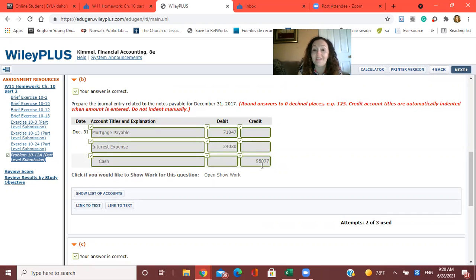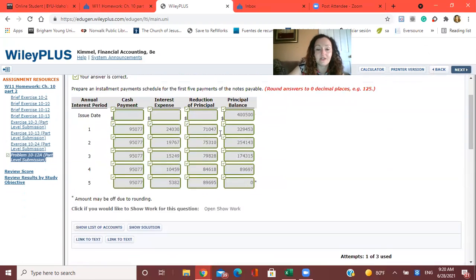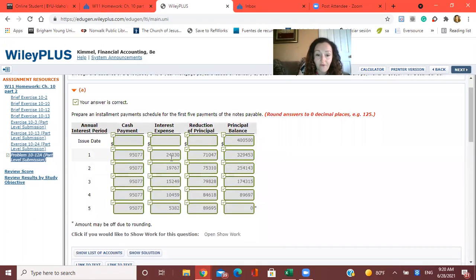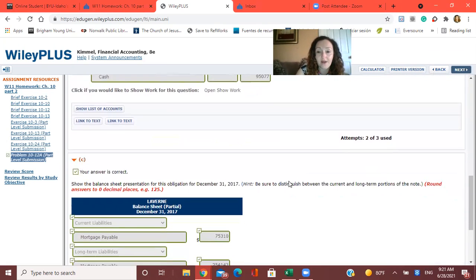From the $95,077, we pay the first year $24,030 in interest, and in mortgage 71,047. So that's the first amount, 24 and 71. So this is the second part of the exercise that you see that I did correctly.